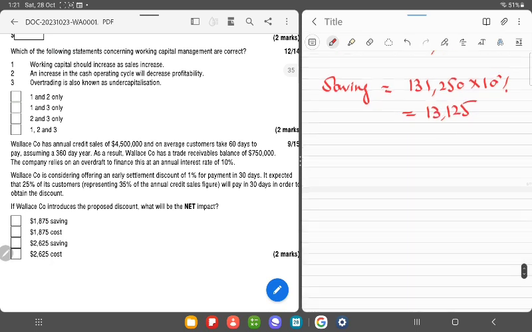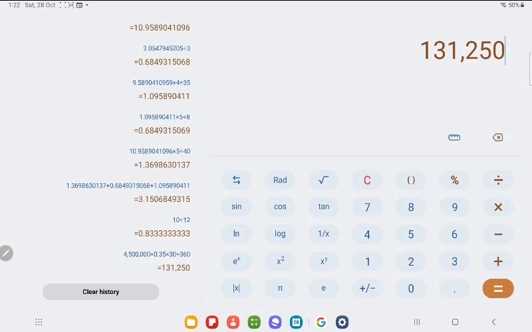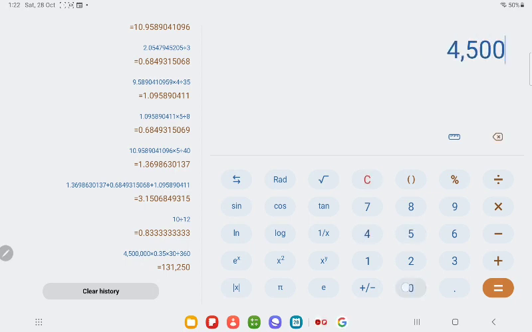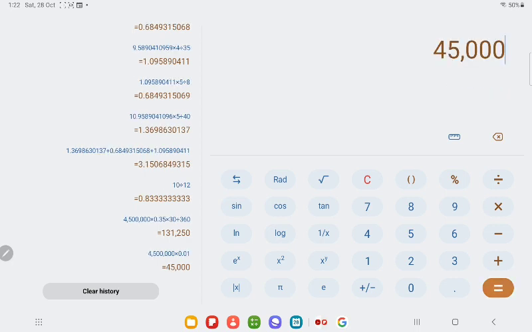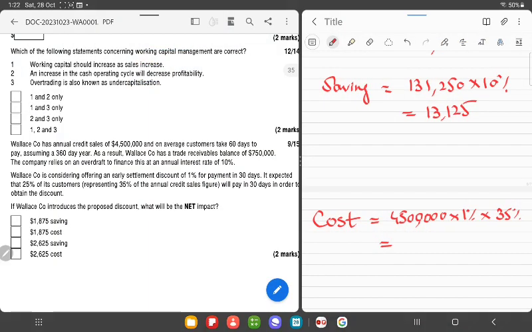Now we have to calculate the cost of the discount. 4,500,000 is total sale, 1% discount is offered and 35% of people will avail that discount. So this will be 15,750.